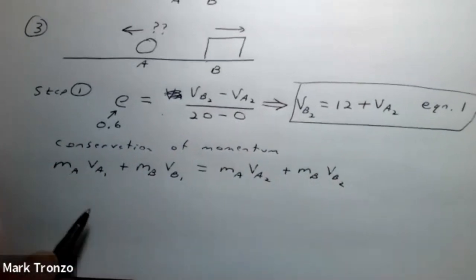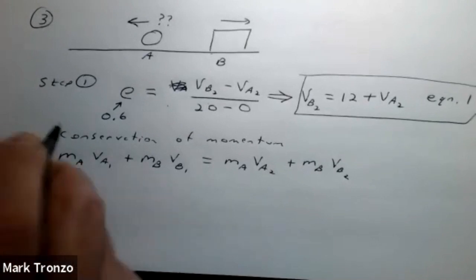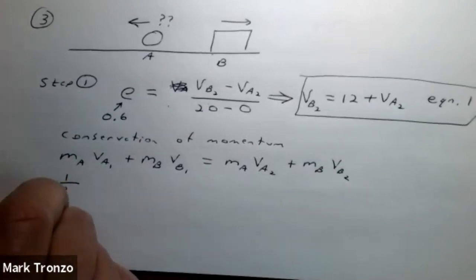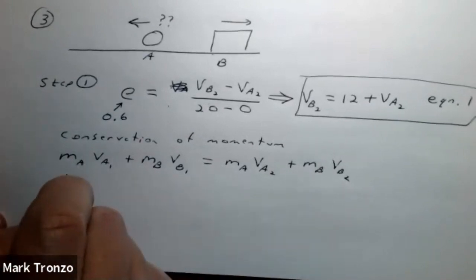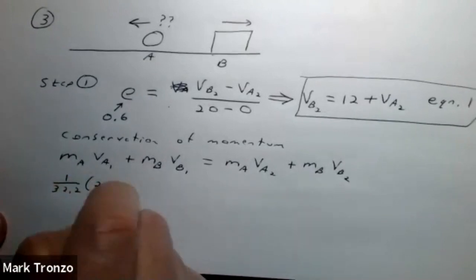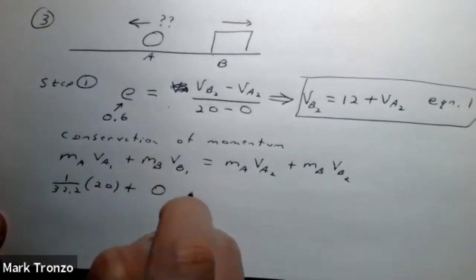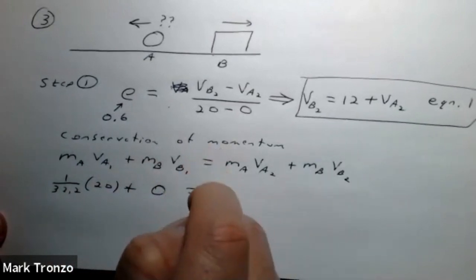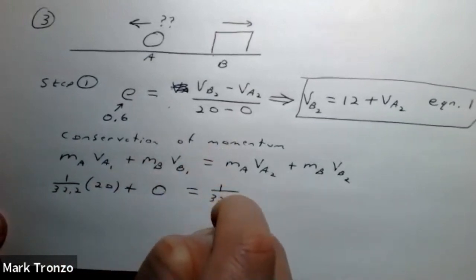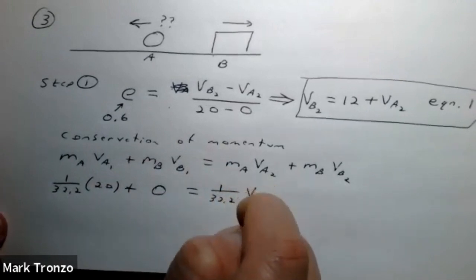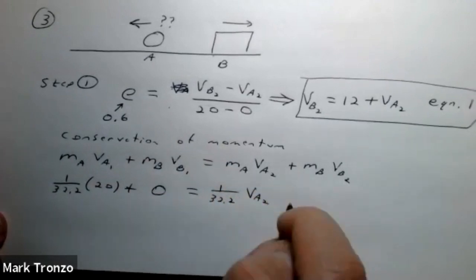Remember, of course, we're dealing with English units now. So for mass, we're going to have to divide by 32.2. And then VA1 was 20. And remember, the block B was at rest, so that's going to be all 0. Right-hand side, 1 over 32.2 VA2.